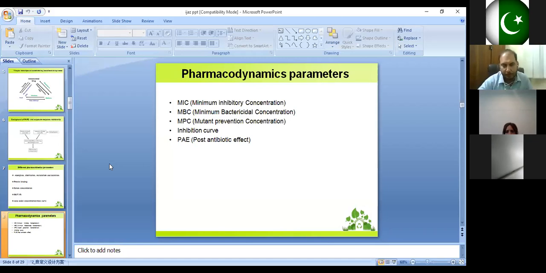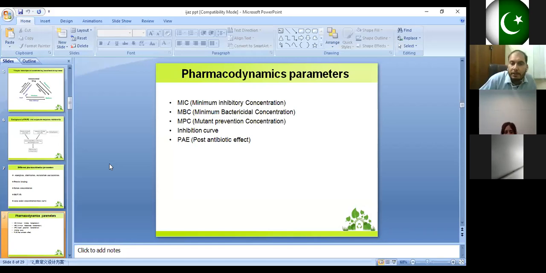That is the inhibitory concentration. Minimum bactericidal concentration is the concentration at which the drug kills 99% of bacteria.